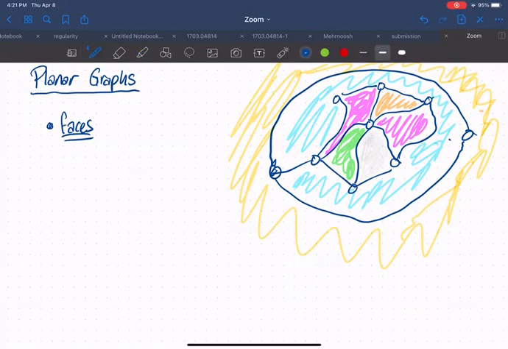And I think you have been shown this before, but never proven it. And that's Euler's formula.